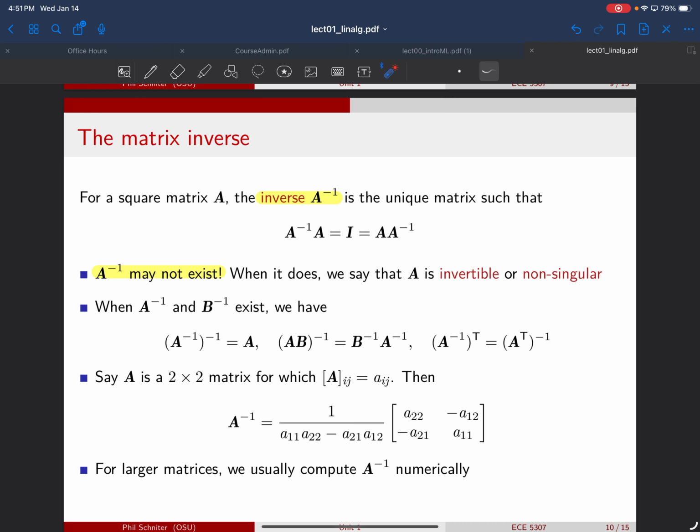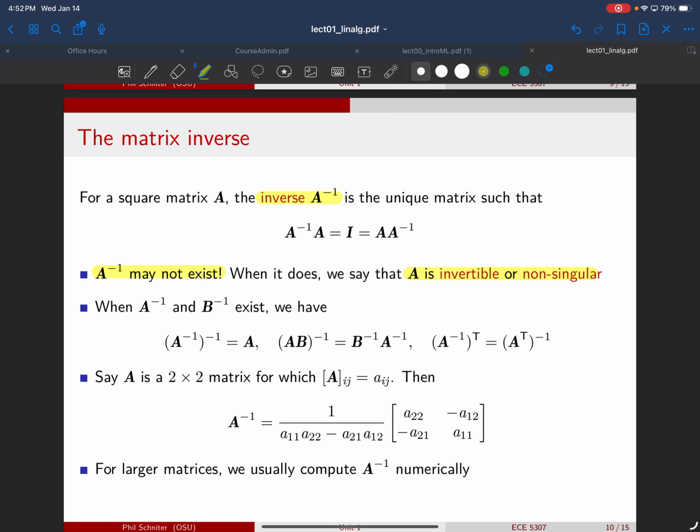You might say, well, can I multiply 0 by infinity to get something finite? Well, sometimes you can, but we're not working with infinities here. We're just finite times finite, and 0 times any finite number is 0. Okay, but when A inverse does exist, we say that A is invertible. Sometimes we say that it's non-singular.